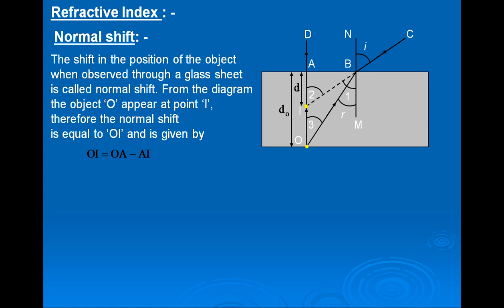Now OA is equal to d naught, the real depth, and AI is equal to d, the apparent depth. Therefore, OI is equal to d naught minus d.